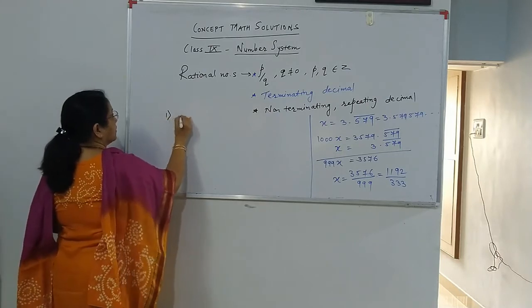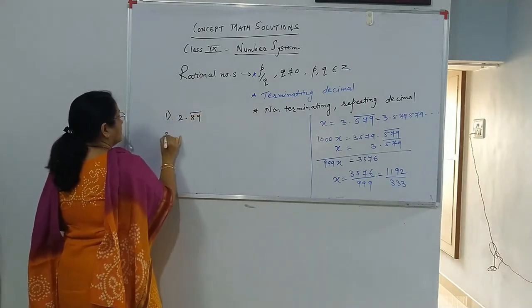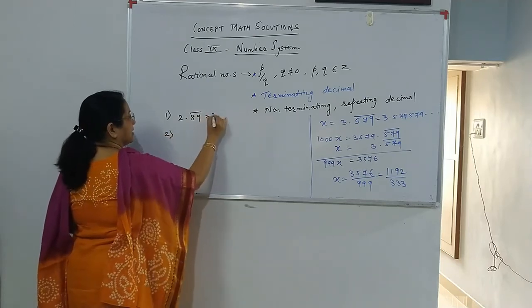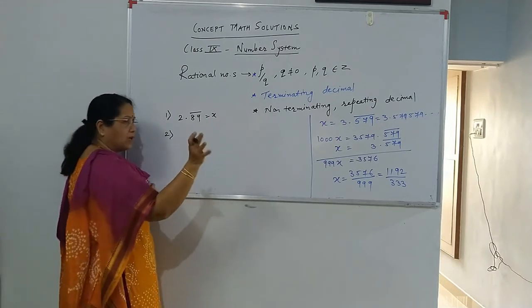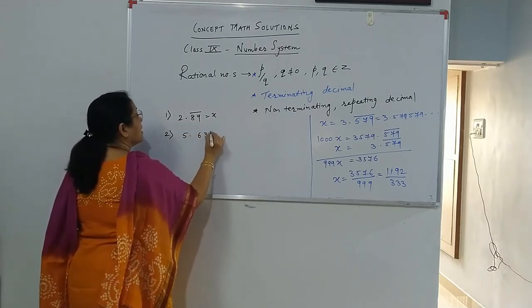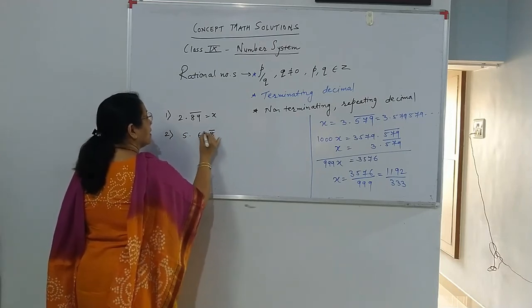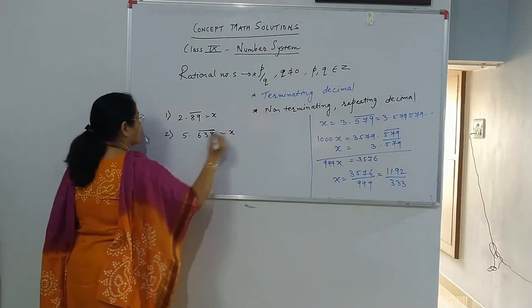The first question is 2.89 bar. Take this as x, then multiply by 100, subtract, and use the same method. The second one is 5.638 with the bar only on 638. So that is x.